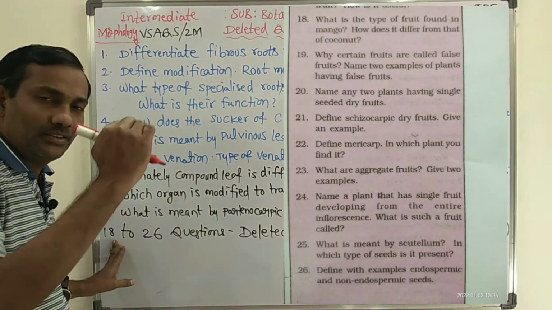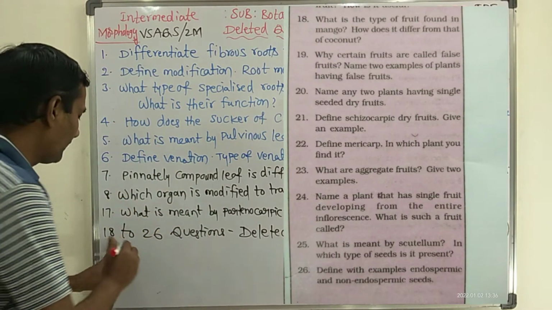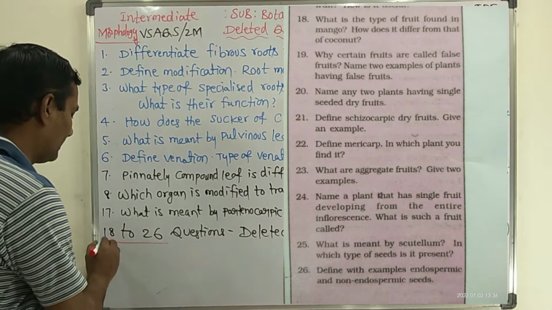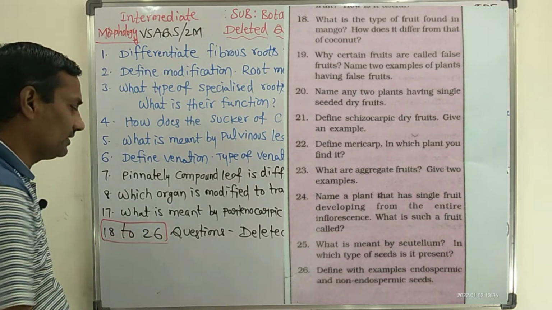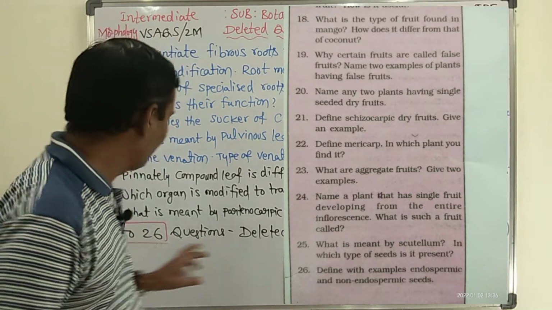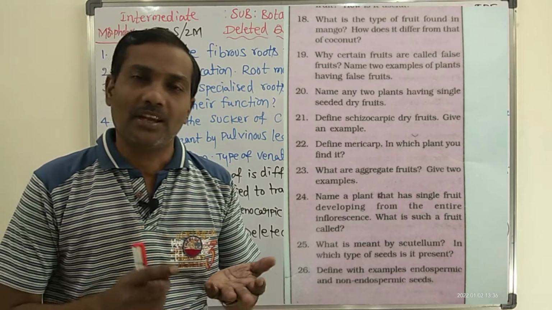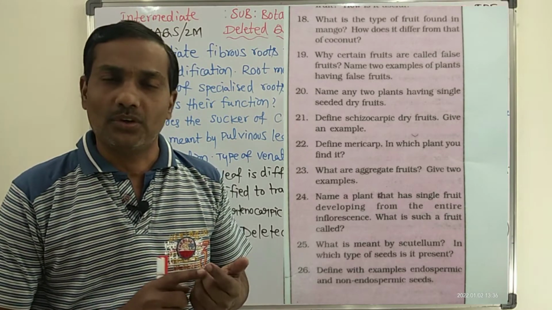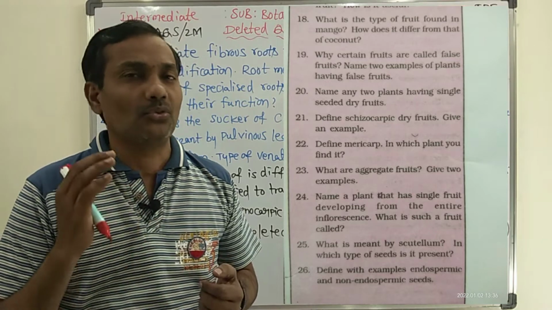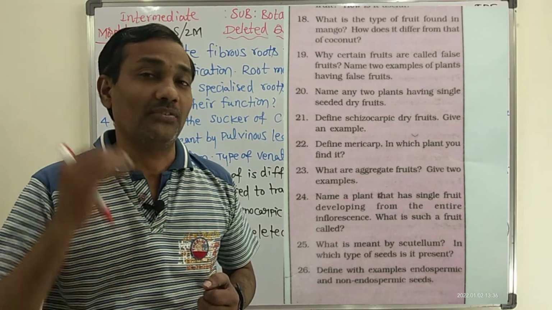Now, in the very short answer questions part, questions 18 to 26, that is 2 mark questions, are completely deleted. 18, 19, 20, 21, 22, 23, 24, 25, 26.